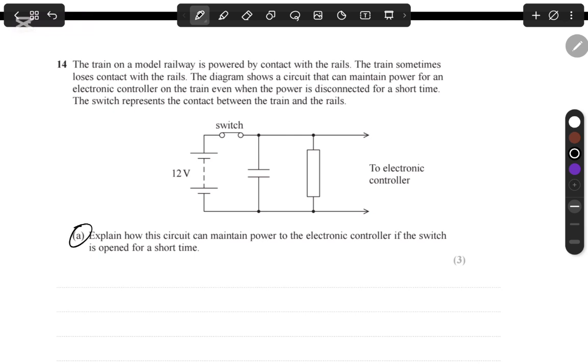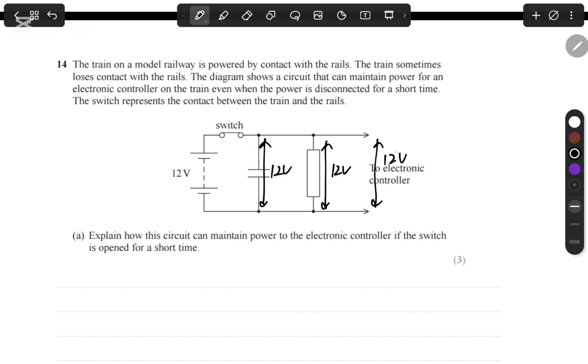And then in part A, it tells us, explain how the circuit can maintain power to the electronic controller if the switch is opened for a short time. So first of all, when the switch is closed, your capacitor will be charged. It will store electrical energy in the form of electrical charge. And one important thing to recognize here is that the potential difference across the capacitor, across the resistor, and across the electronic controller will be 12 volts.